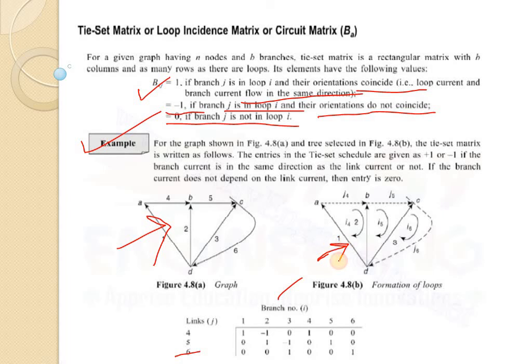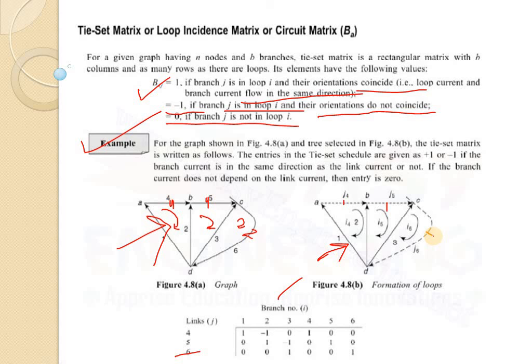The loops are here, this one and this one; these are the 3 loops. For removing a loop we have to omit maybe this branch, or this branch, or this branch, so that it forms the tree. Here the dotted lines are the omitted ones.